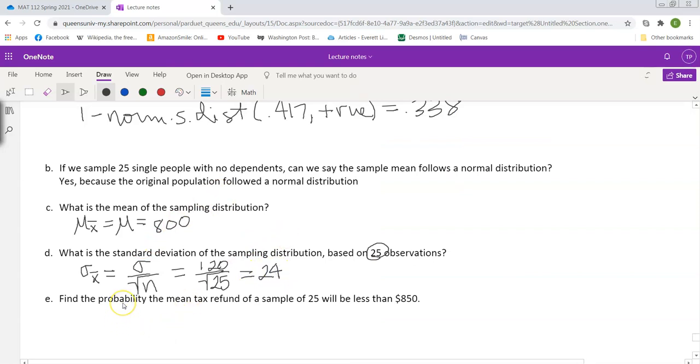So in part E, find the probability that the mean tax refund, so x bar, will be less than 850.